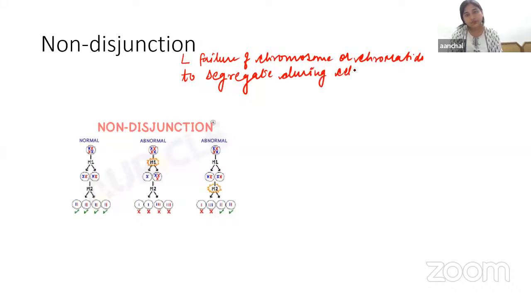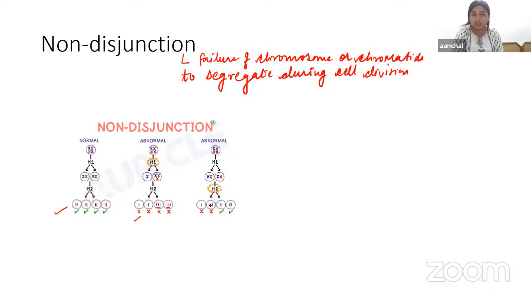Now, what will happen in this condition? It will lead to the formation of daughter cells with an abnormal number of chromosomes, which is also known as aneuploidy. As we can see, normal chromosomes are forming, then abnormal ones are forming because of the presence of excess chromosomes.